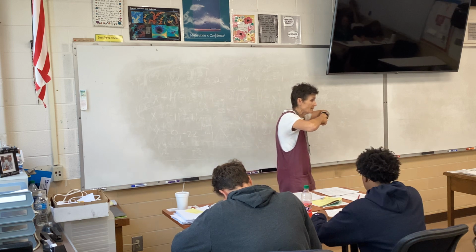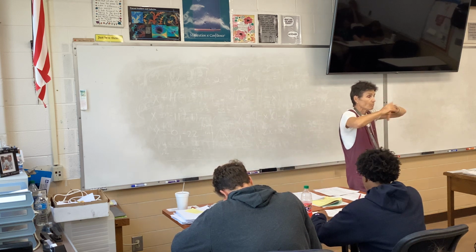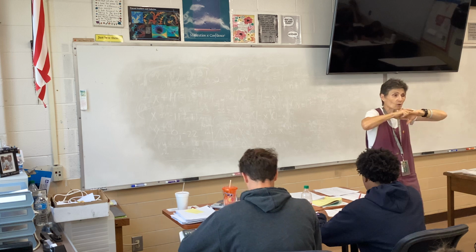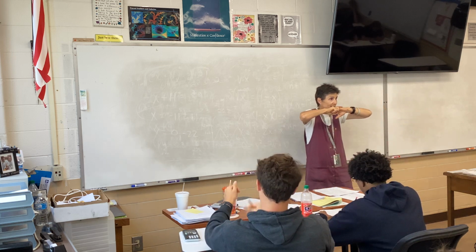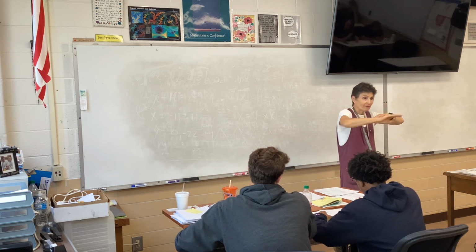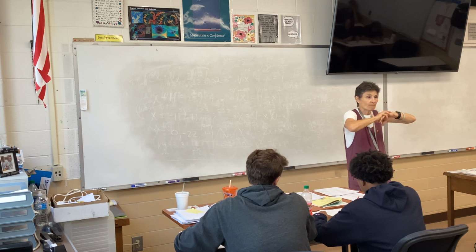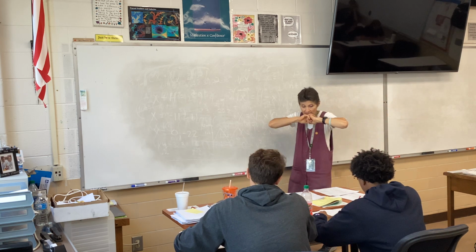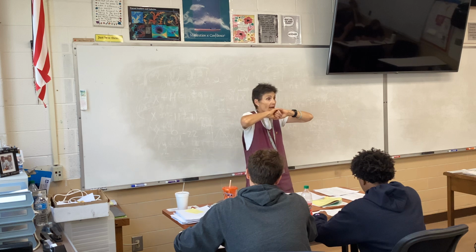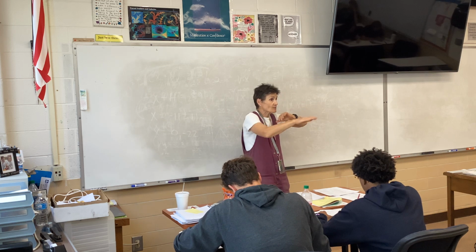Independent versus dependent variables. If you look at an ordered pair, or if you look at an equation, or if you look at a graph, a coordinate axis system, what is the independent variable? X-axis. X. It's the horizontal axis, right?